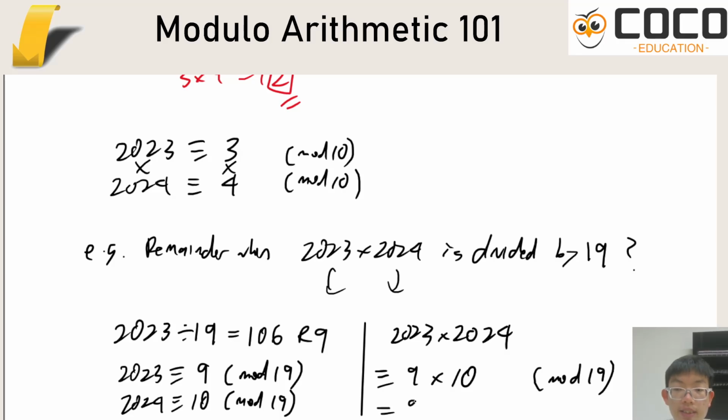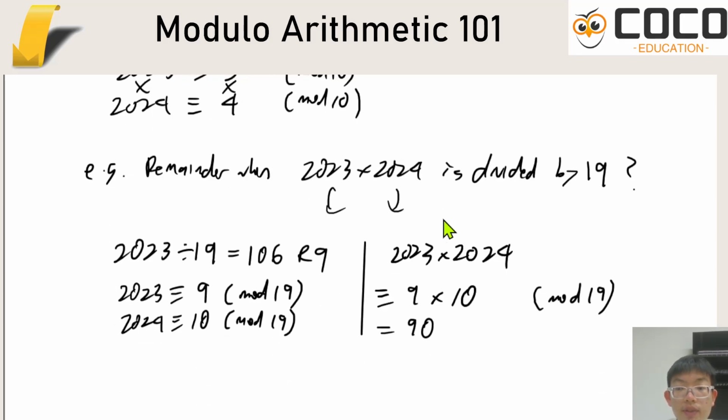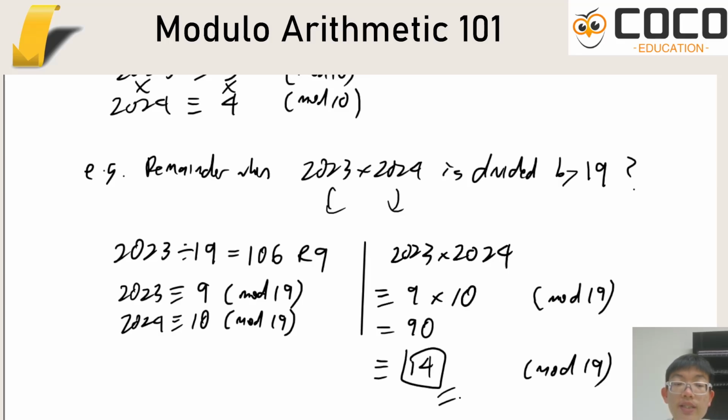Obviously, this is easy enough to calculate. And now 90, I can divide that by 19 again, which, if you divide, you get 4 remainder 14. And so that will be your remainder. Now, this is going to be the easiest and most literal way to use modular arithmetic.